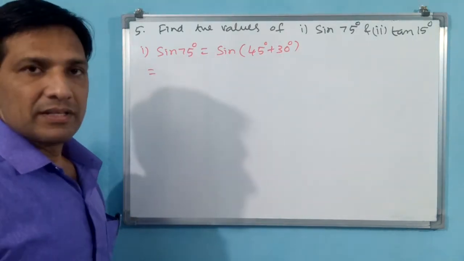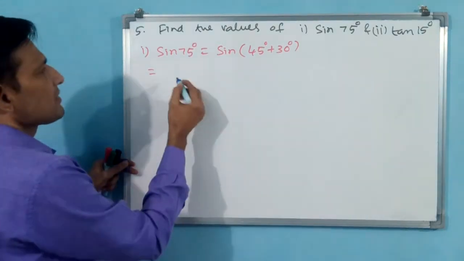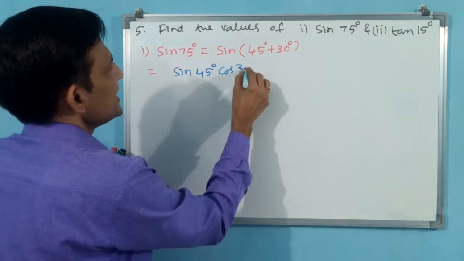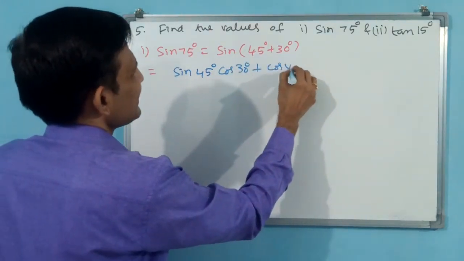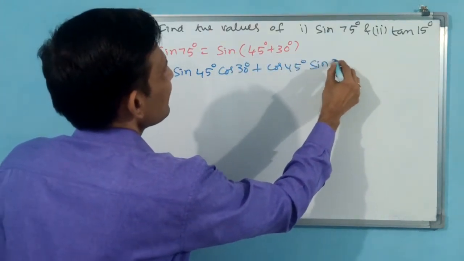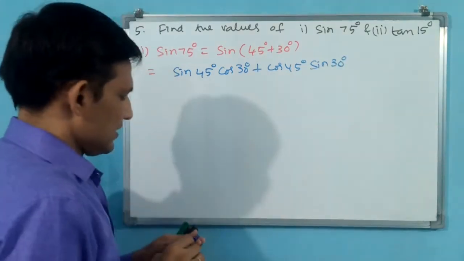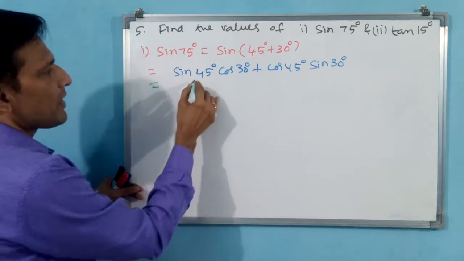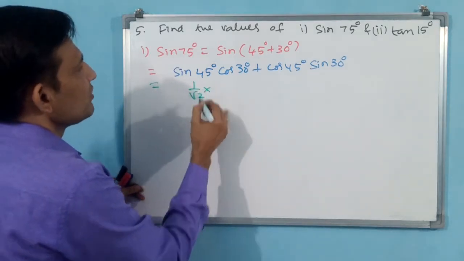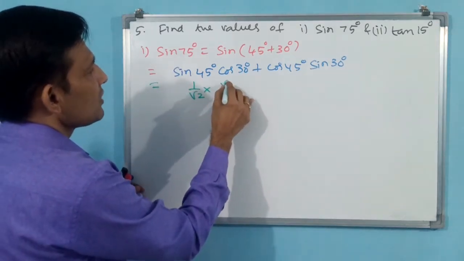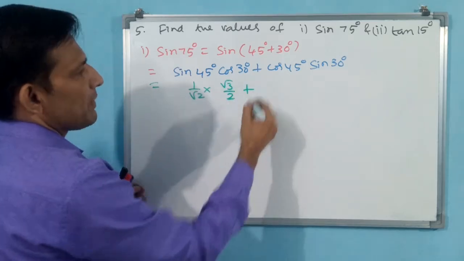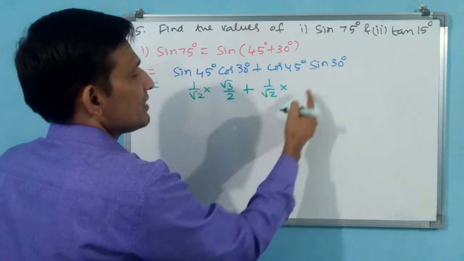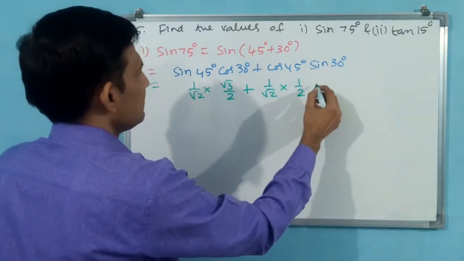Sin A plus B is sin A cos B plus cos A sin B. This is the formula for sin. Sin 45 is 1 by root 2 into cos 30 is root 3 by 2, plus cos 45 also 1 by root 2 into sin 30 is 1 by 2.